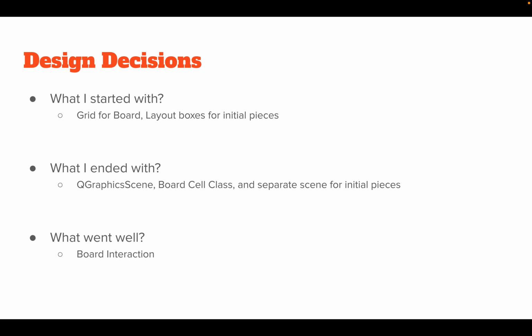And what went well, which kind of goes hand in hand with that, was my board interaction. I was very proud of my mouse press event in my board cell class, which handles pretty much everything that the board does. So instead of having it all over the place, I can just focus on one function that handles all the interaction.